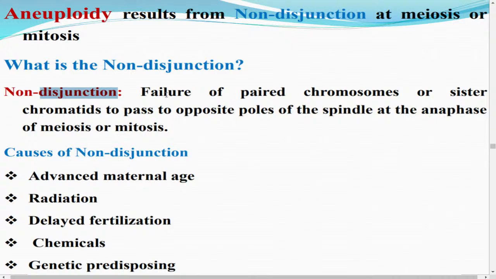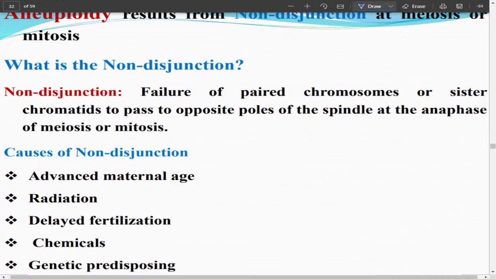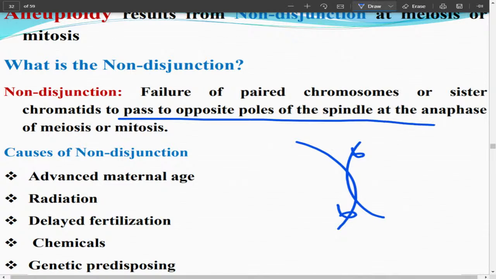During meiosis or mitosis, it is a failure of paired chromosomes or sister chromatids to pass to opposite poles of the spindle at anaphase. So it's a failure of paired chromosomes or sister chromatids, like here we have sister chromatids, from passing to opposite poles.